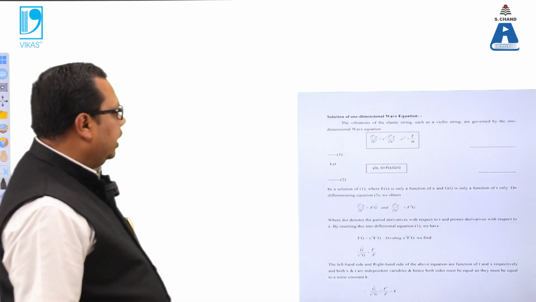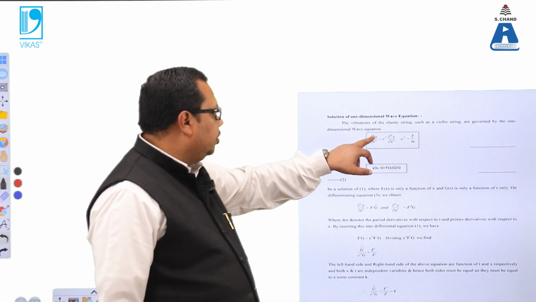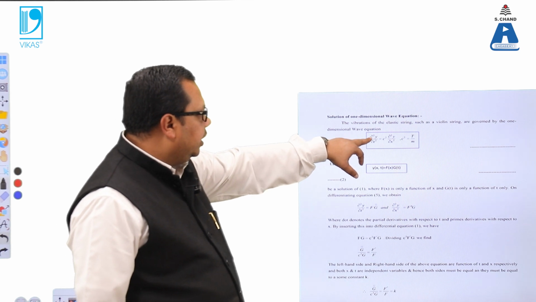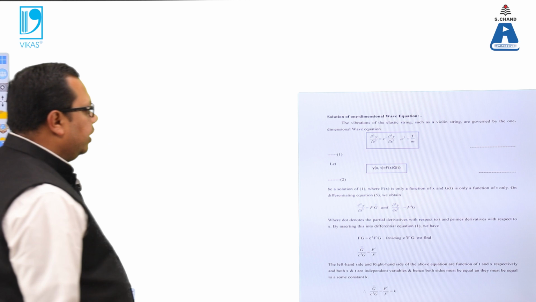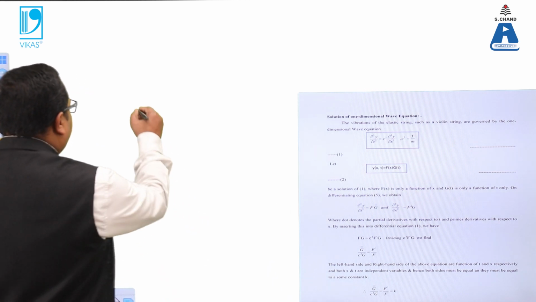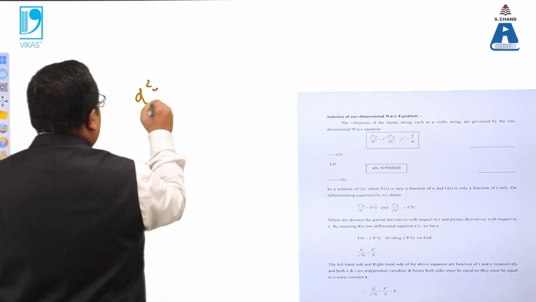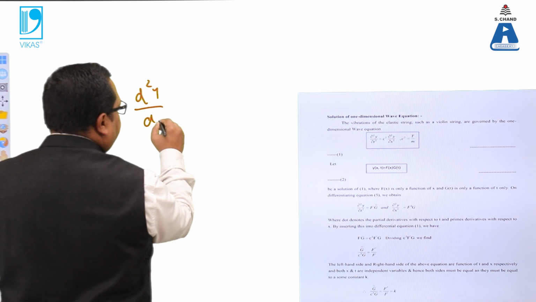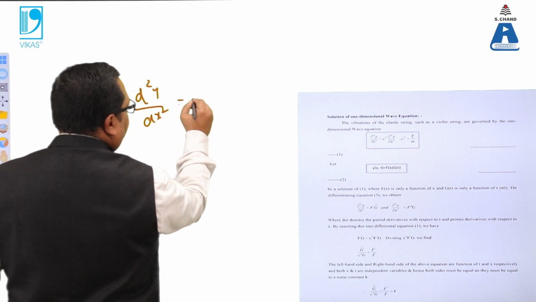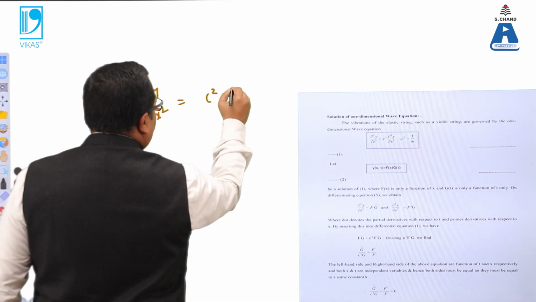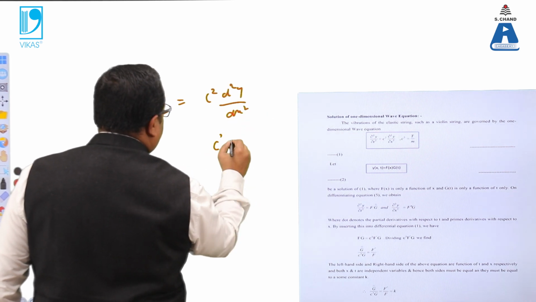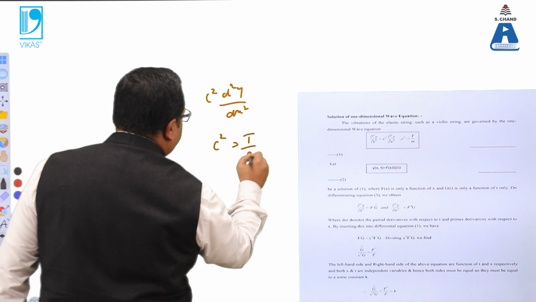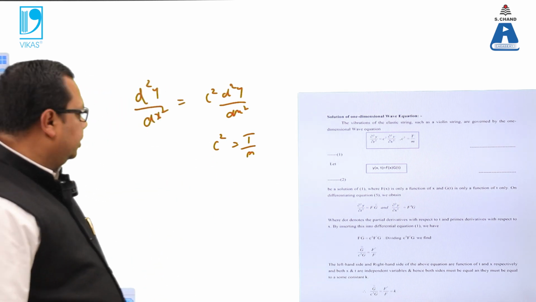Then we calculate the solution of the one dimensional wave equation, d2y/dt² = c² d2y/dx². In the same way, we have discussed that when we calculate the acceleration, d2y/dx² = c² d2y/dx², and c² = T/m, where T is the tension produced and m is the mass.